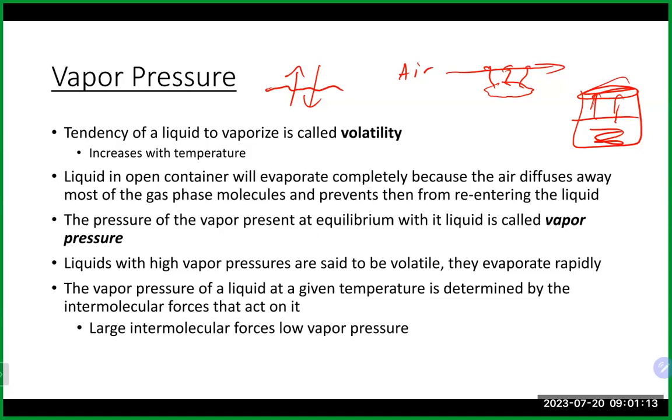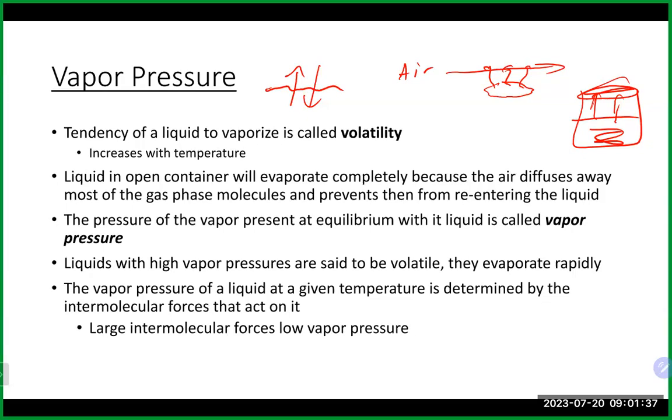That is because if they have a weak intermolecular force, it's going to be much easier for them to go into the gas phase, and thus you would have a lot more gas above the liquid and a lot more vapor pressure. Those that have a lower vapor pressure probably have a little bit stronger intermolecular force, which means you're going to get fewer gas molecules above the liquid and a lower vapor pressure.